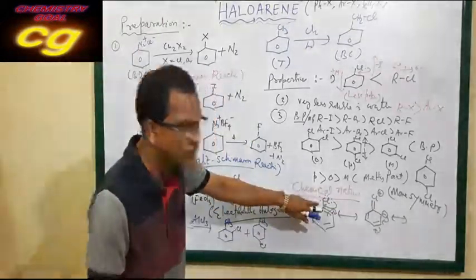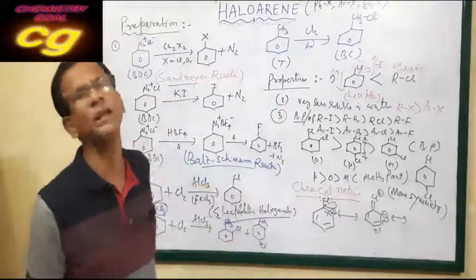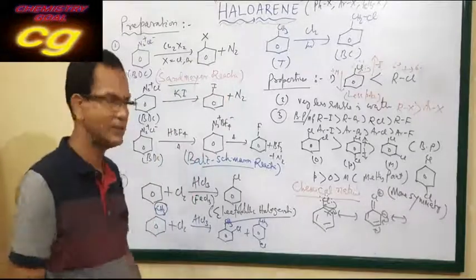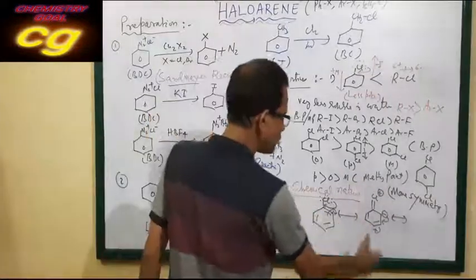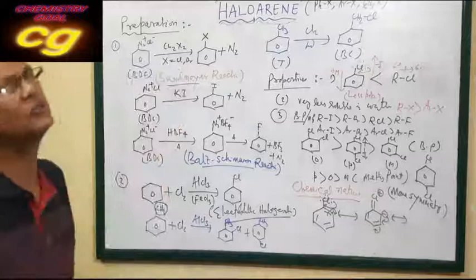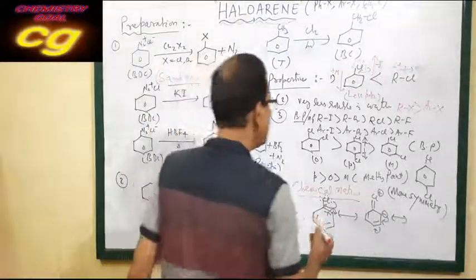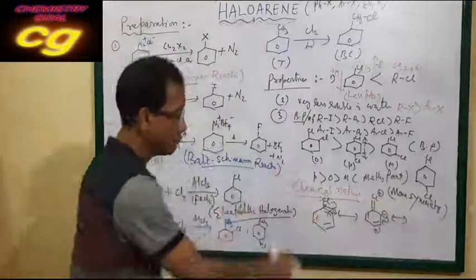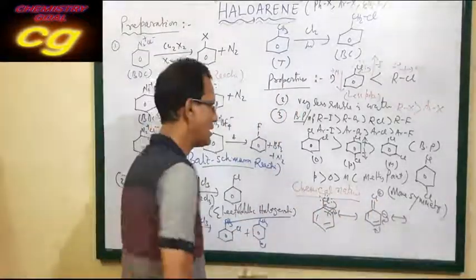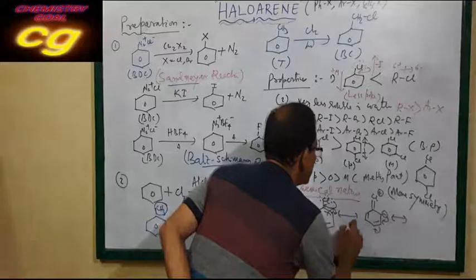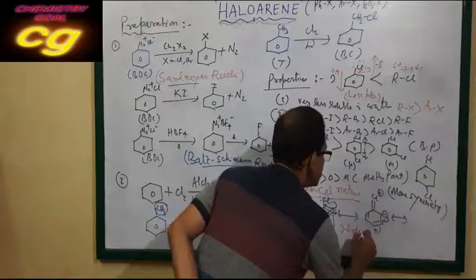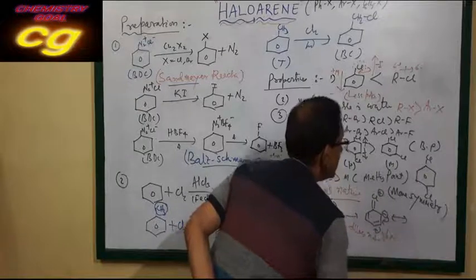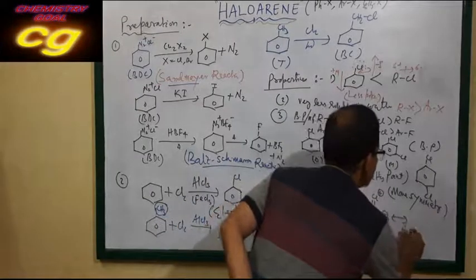That's why this halogen cannot be easily replaced by a nucleophile. The reaction towards a nucleophile is very slow. That means in ordinary conditions it almost does not show nucleophilic substitution reaction.